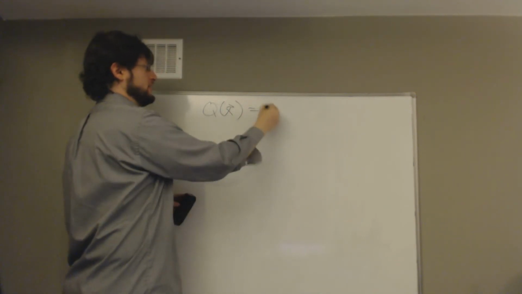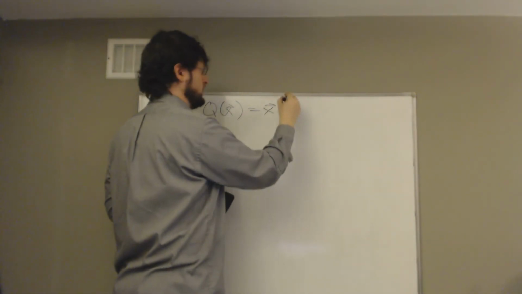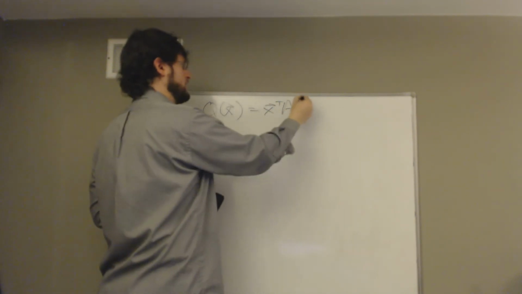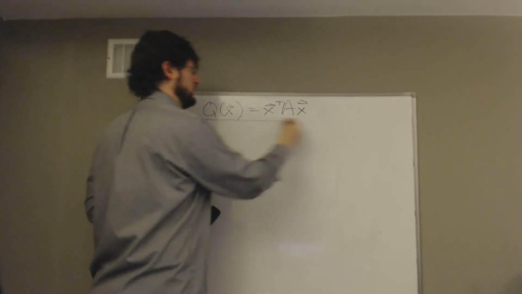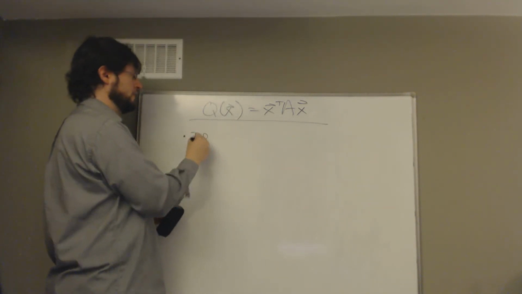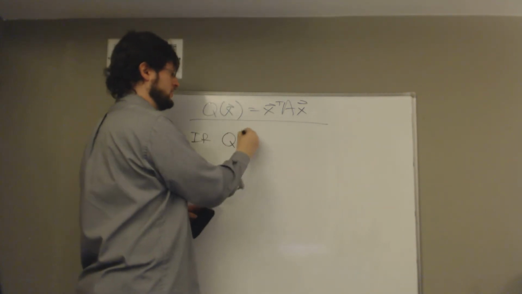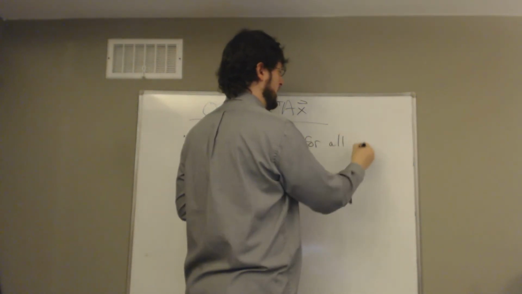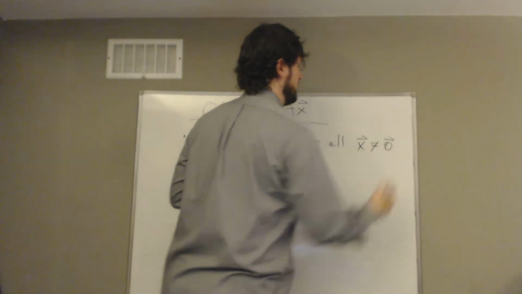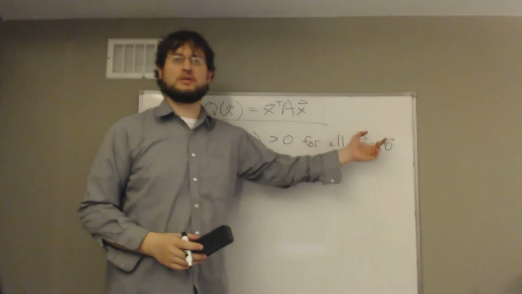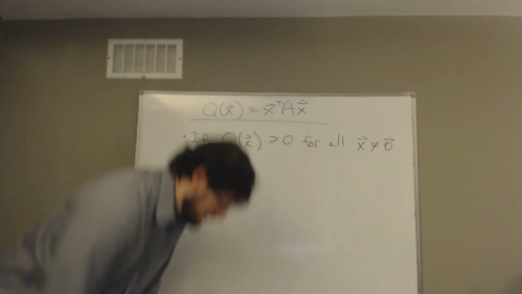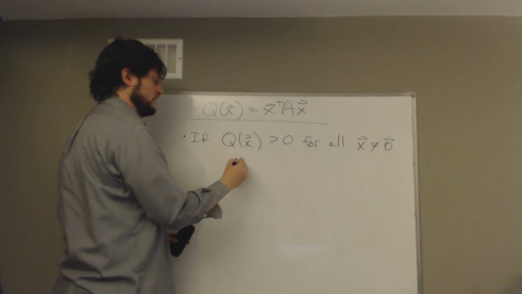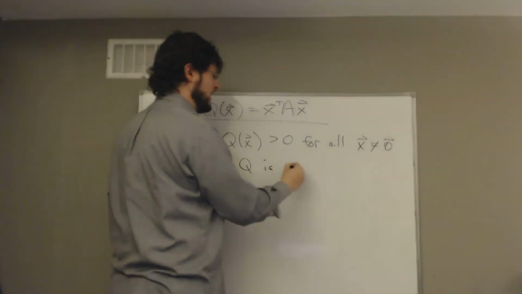So if we have q at x, which is x transpose A x, if q at x is bigger than 0 for all x not equal to 0 as a vector, that corresponds to the origin when we're thinking geometrically, then we say that q is positive definite.